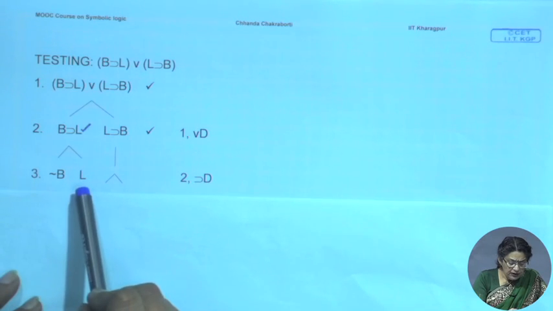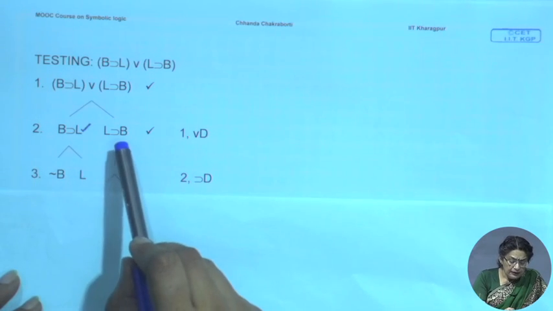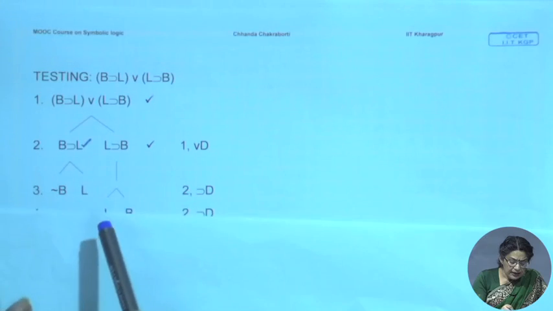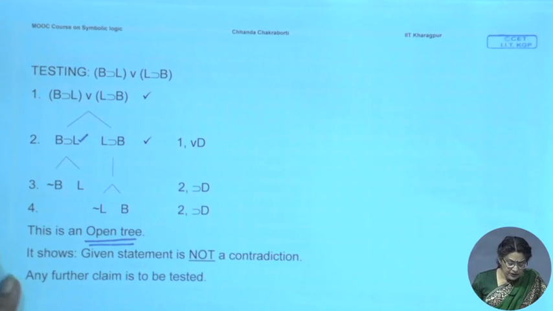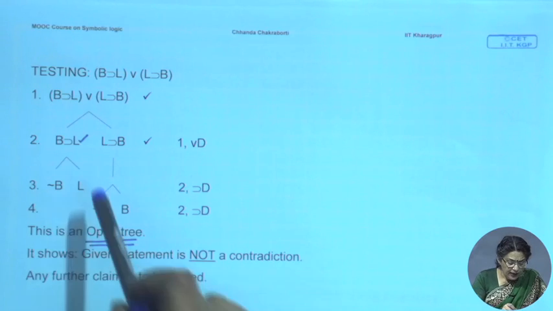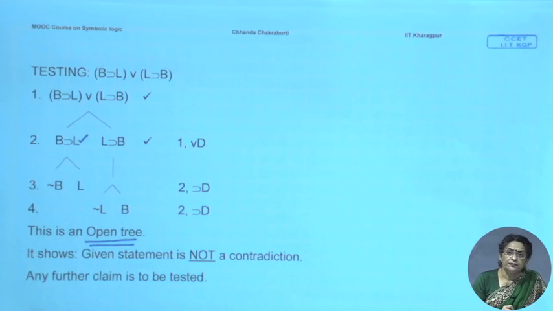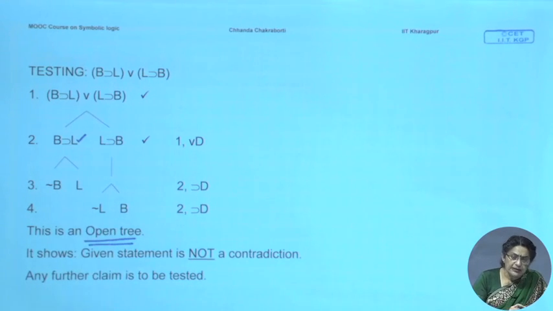So, not B, L, and this one gets not L, B. Take a look at this tree. Every branch is open, but at this stage what do you know? The simplest and most logically correct answer is that it is not a contradiction.